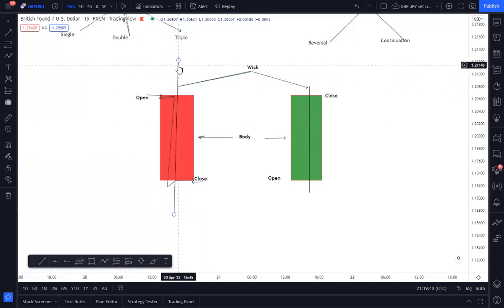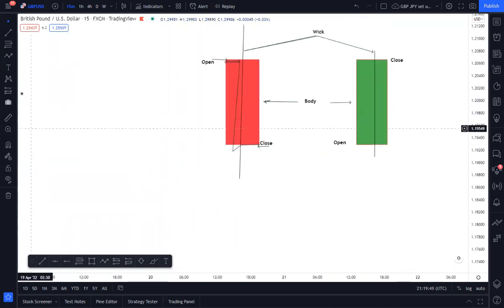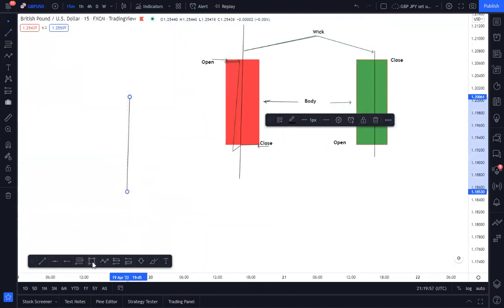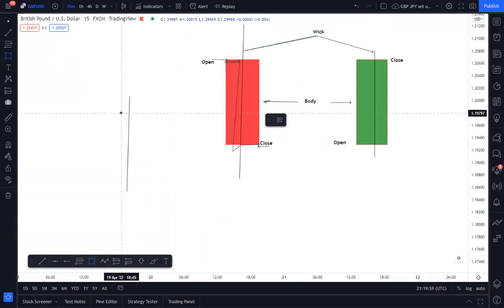Why is this wick created on the top? It means that when price opened, this is what happened. Let me give you another straight drawing for better explanation. This is the wick. When price opened, the bulls pushed up at first.